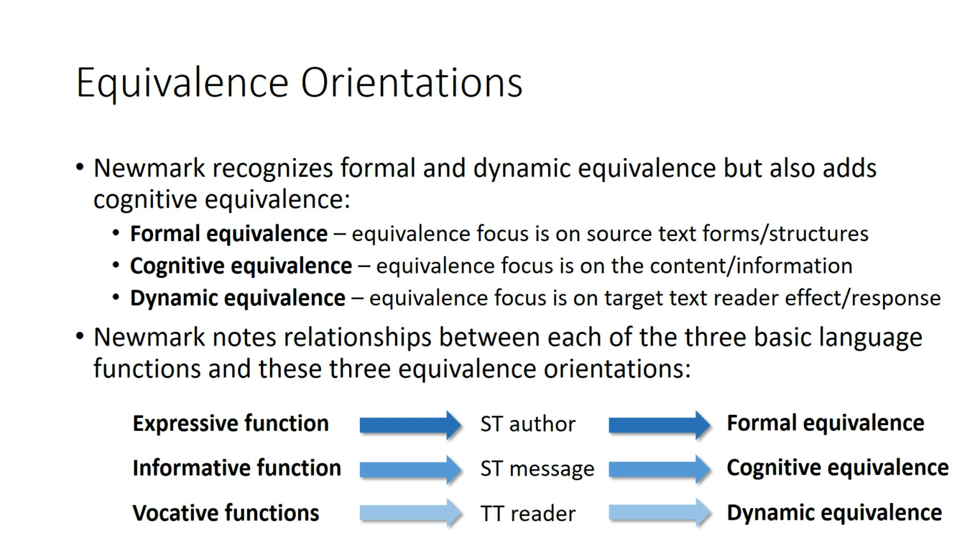And then finally, if the primary language function is vocative or persuasive, then the emphasis is on the target text reader, and we might want to prioritize dynamic equivalence, that the reader experiences the text the same way source text readers did. So it's important to underscore that there is a connection between the basic language function and the type of equivalence the translator might want to prioritize.